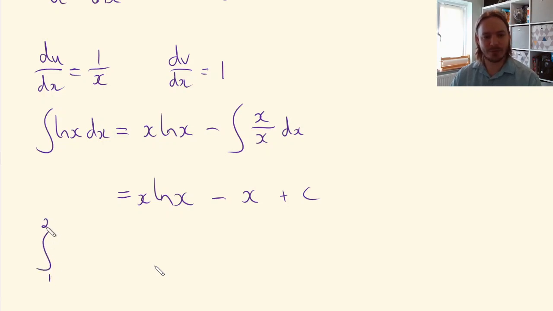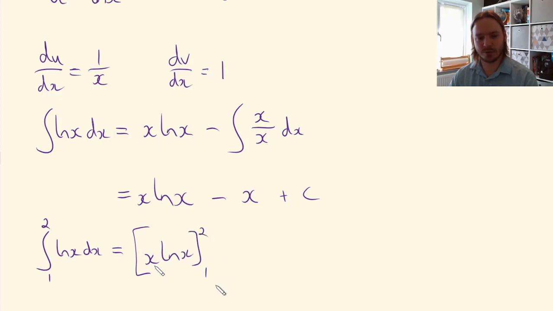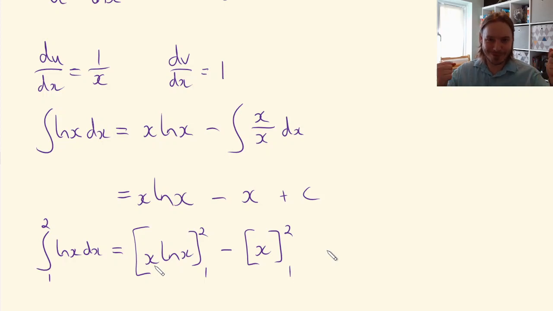So if I'm integrating between 1 and 2, what that means is I have x ln x running between 1 and 2, and then I have x running between 1 and 2. The constant goes, obviously, because we've got a definite integral, but you've got to be really careful here. The uv term is a separate thing from that second integration.